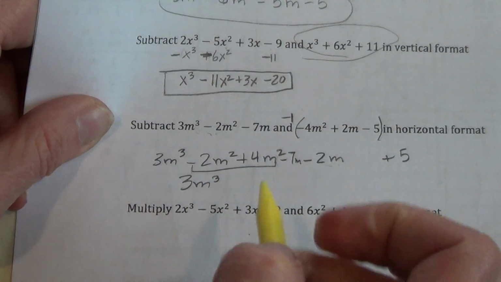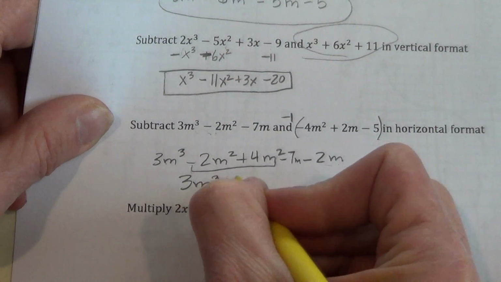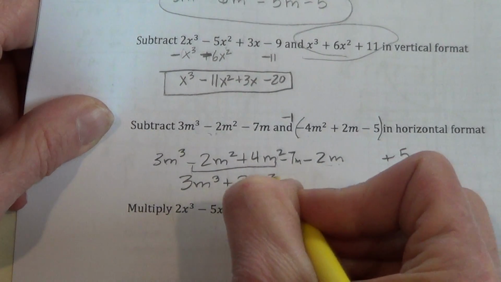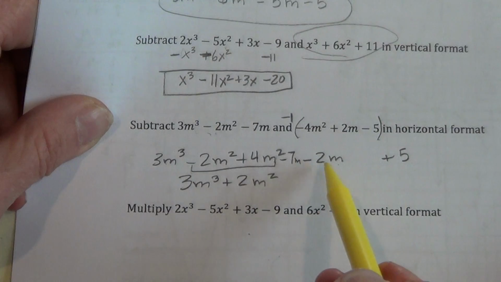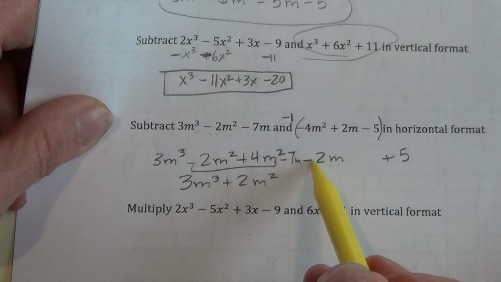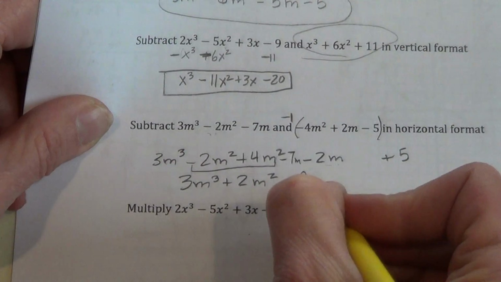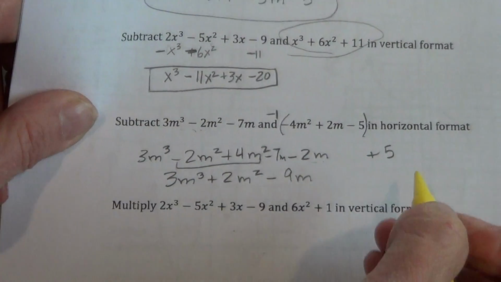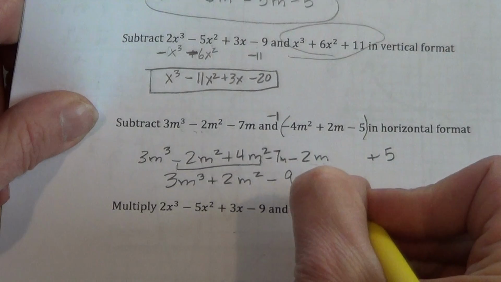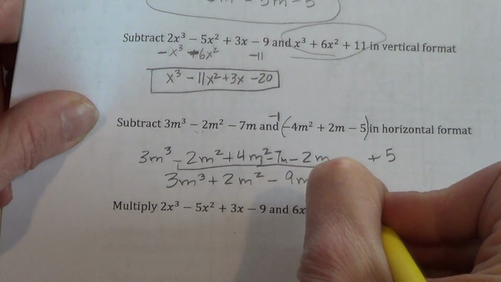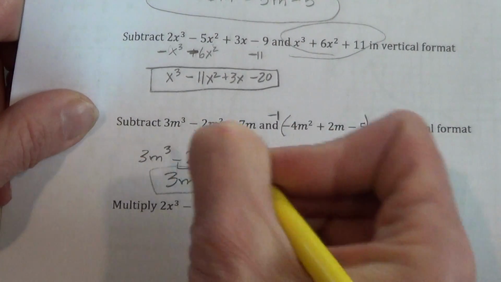Now I'll have to find their difference. That would be a positive 2m squared. My negative 7 and my negative 2, they have the same sign, so I add them together. Get negative 9m. And then I have my plus 5.